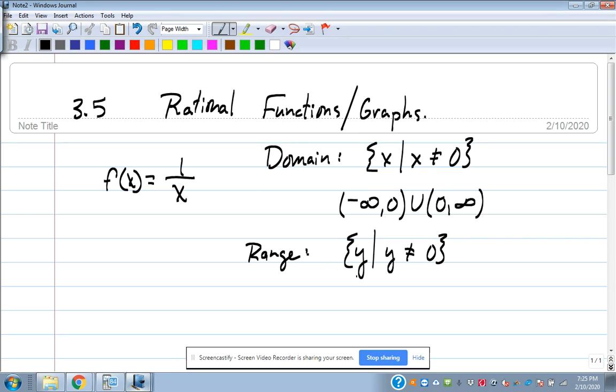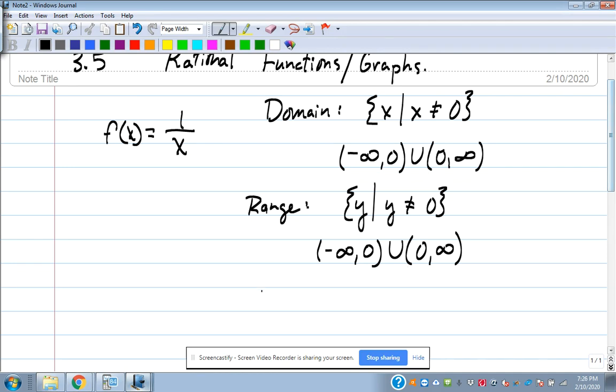We'll go over rules about when the horizontal asymptote is a certain number and when it's something else as we get through this section. So there's a lot of background we're going to get into here. So there's the interval notation for your range. We're just taking 0 out of it. So this is all for that particular function, 1 over x.